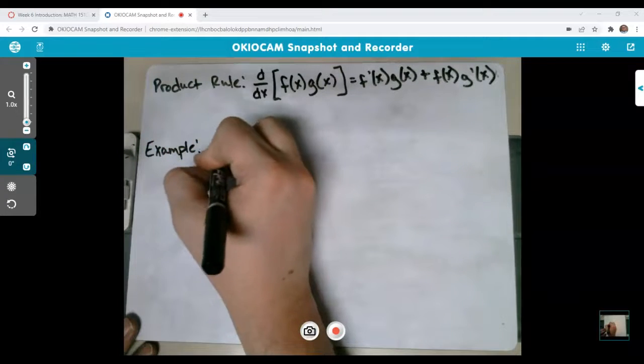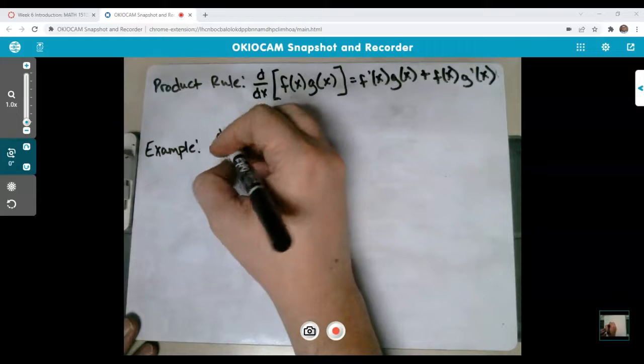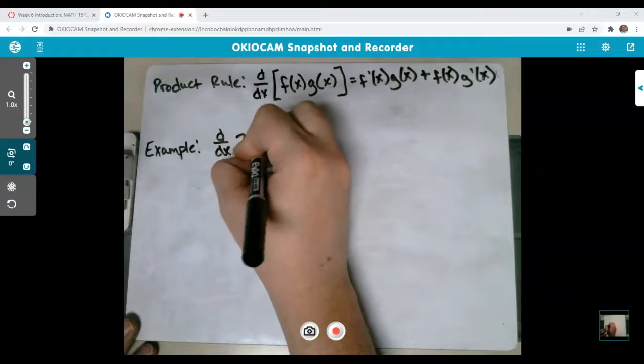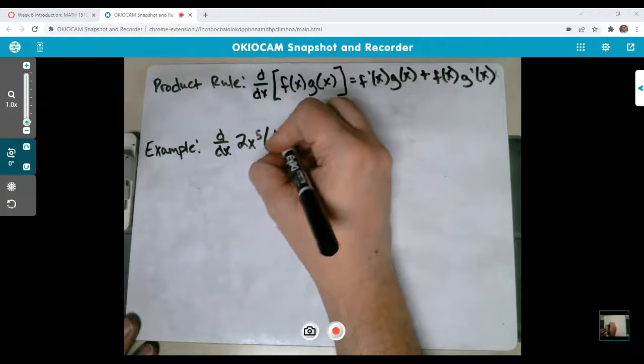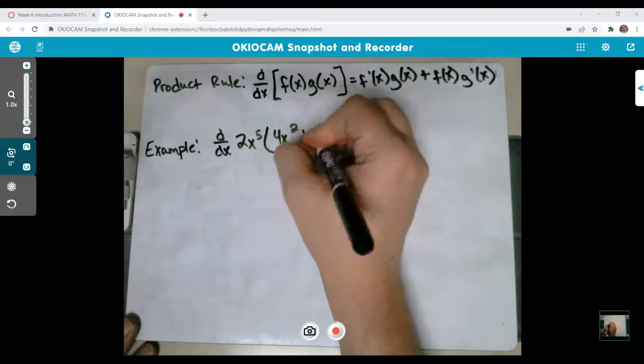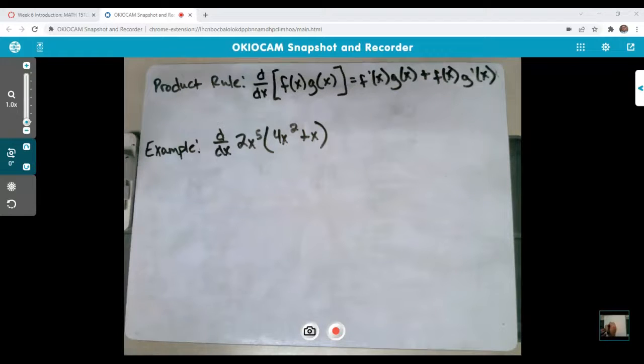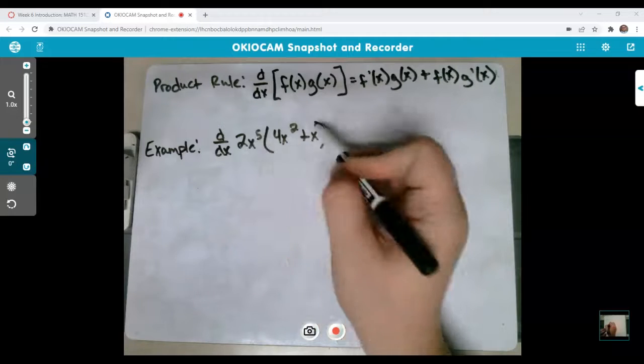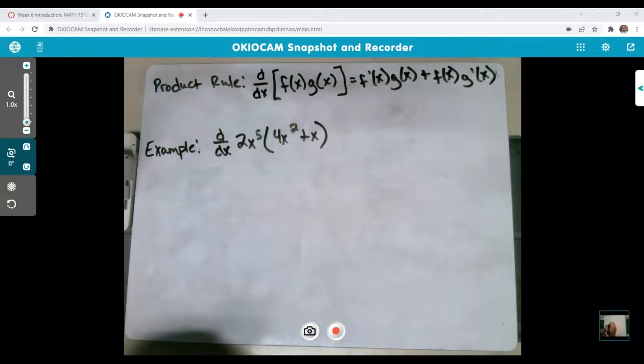Let's do the derivative of 2x to the fifth times the quantity 4x squared plus x. Now, something I could do is just distribute that through here and then do the power rule. That's fine, but I wanted to show you this using the product rule.